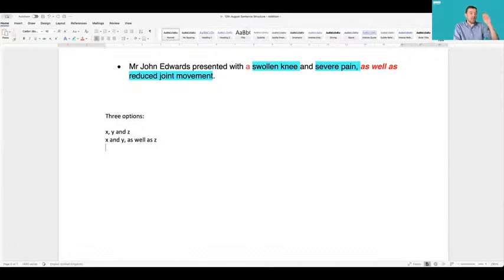Okay, and then you've got the multiple sentence. Okay, and you've got sort of like X and Y linker plus Z in a new sentence. So this is the typical list. This is our as well as list. And this is our multiple sentence list.